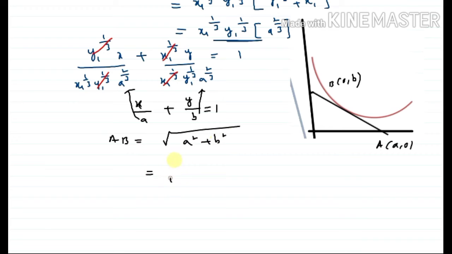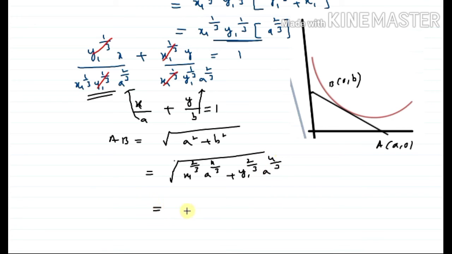On simplifying, a square means this particular term x1 to the power of 2 by 3 into a to the power of 4 by 3, plus b square means y1 to the power of 2 by 3, a to the power of 4 by 3.